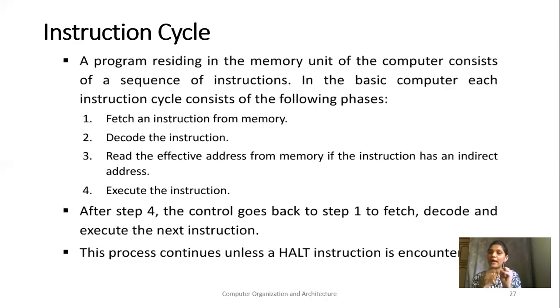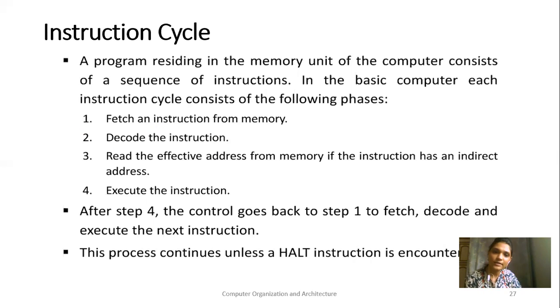That means any instruction which is stored in your memory requires 4 tasks. First one is fetching of the instruction. Second one is decoding of the instruction. Third one is reading the effective address of your operand.